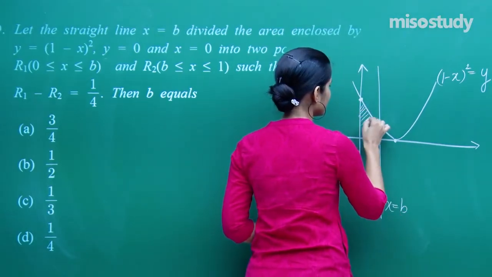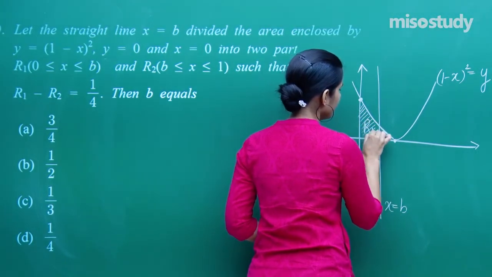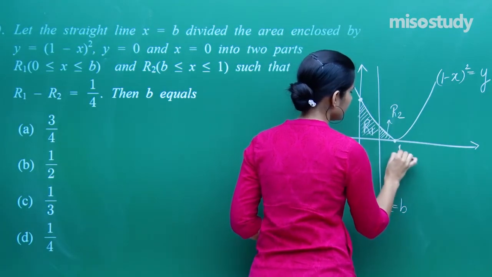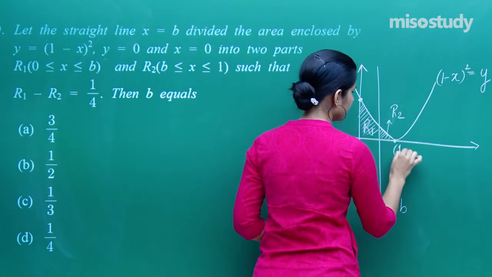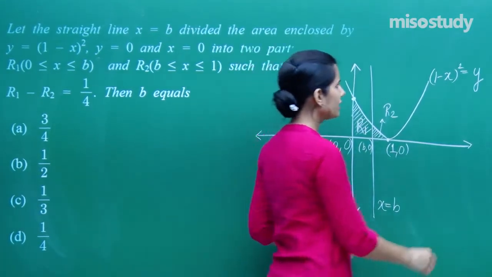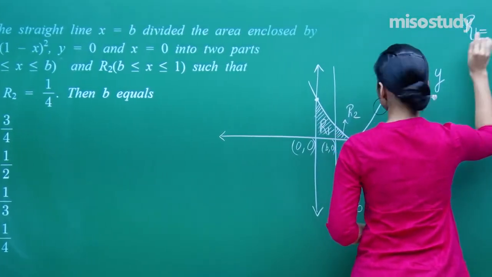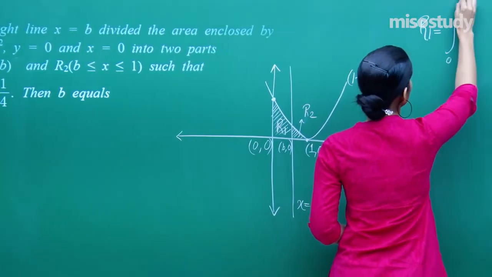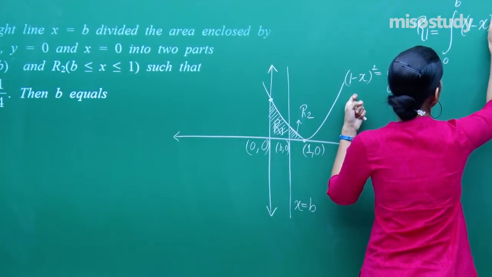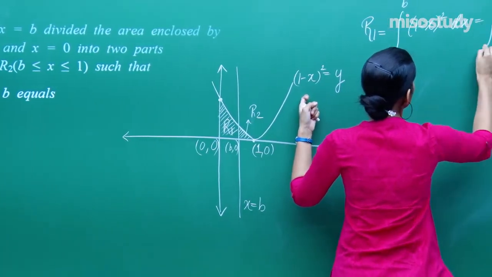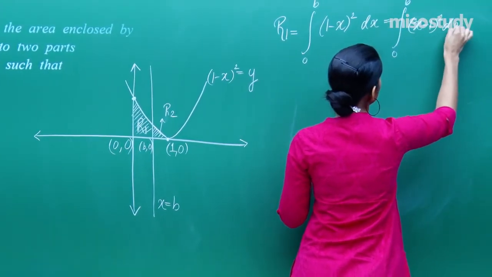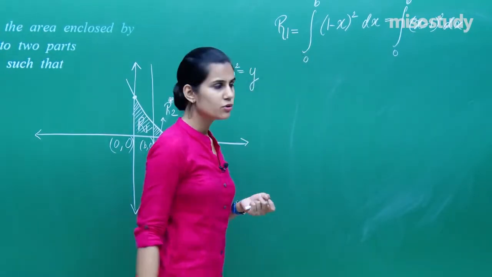This is R1 and this is R2. This is 0, this is 1. So you are given what R1 is. R1 is integral from 0 to b of the curve 1 minus x whole square dx, or you can write it as integral from 0 to b of x minus 1 whole square.